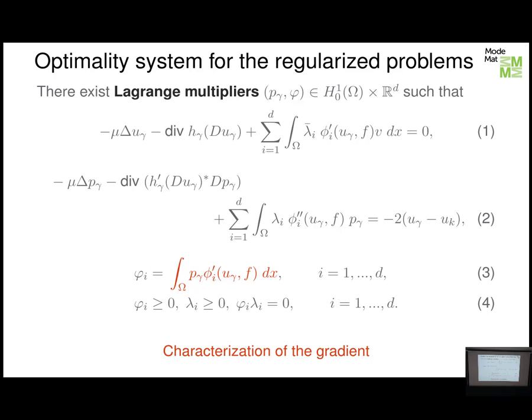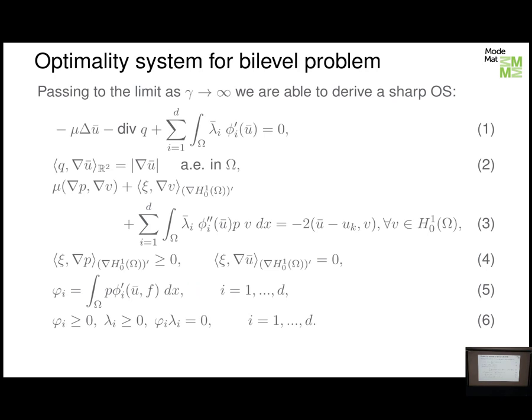If you have the gradient, then you may want to use some optimization routines for dealing with that. Now, this is an analytical slide mainly, and it tells you that as the regularization parameter goes to infinity, you can also recover an optimality condition for the problem without the regularization. So you do an asymptotic analysis in the optimality system, and you recover some sort of optimality condition for the original problem.